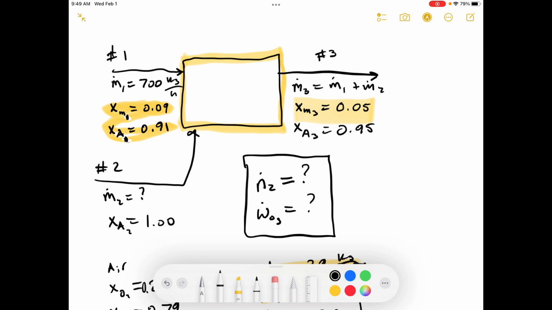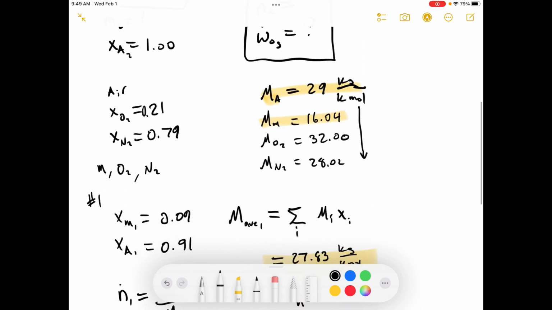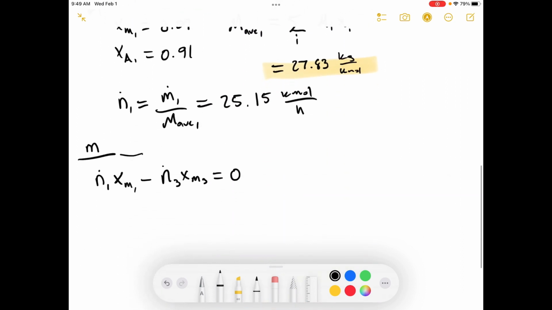because there's nothing accumulating inside of this box. There's no accumulation or generation term or anything like that. So those are the only components that we have. So we know that the amount of methane going in should equal the amount that's going out.